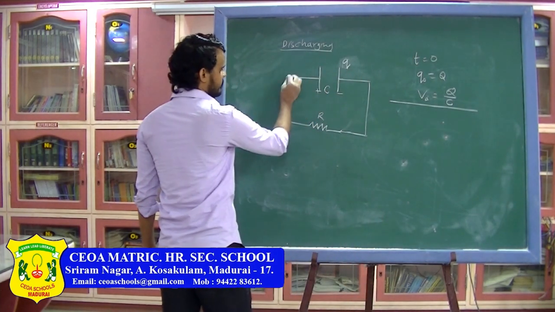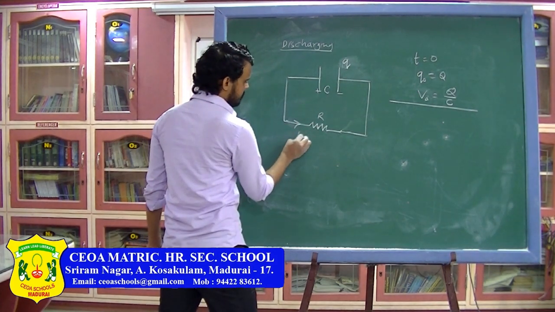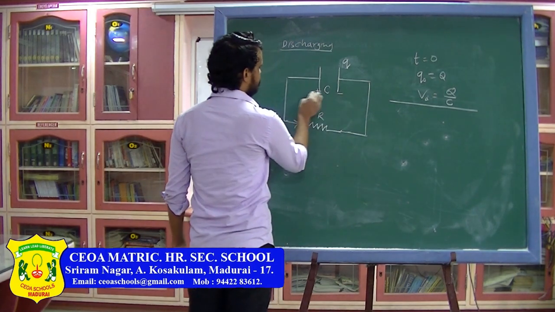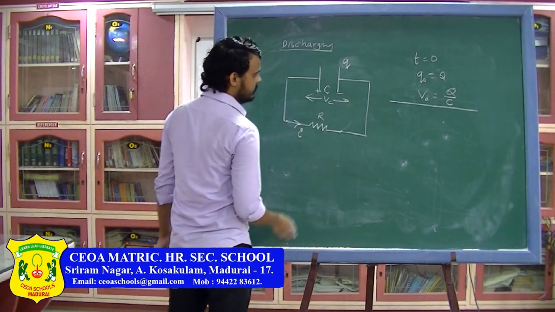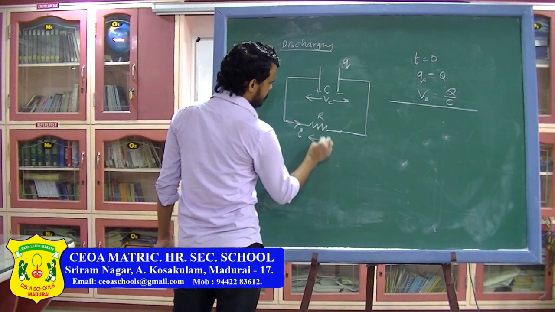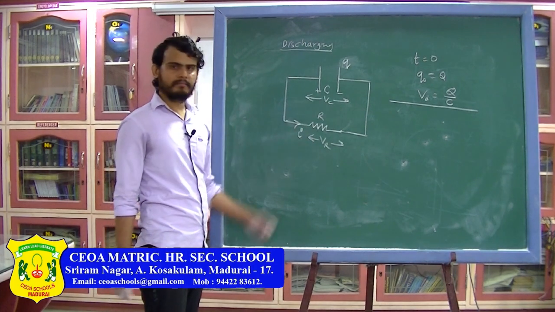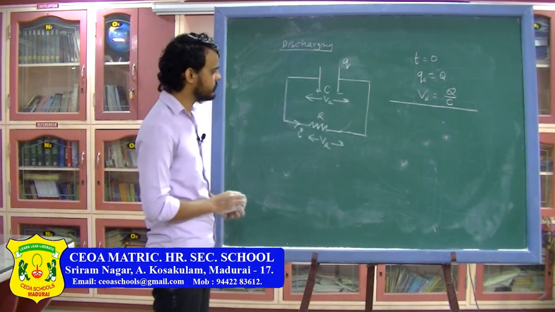Now as you know this charge is flowing here, and the flow of charge is current, so there will be current in the circuit. Now potential across the capacitance will be Vc and potential across the resistance will be VR. And as these two are in parallel, the potential across the capacitor and potential across the resistance are going to be the same.